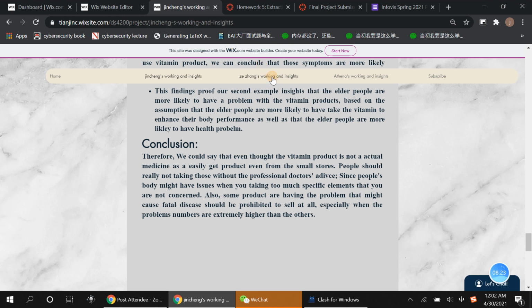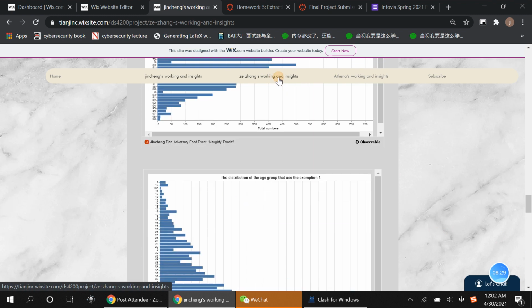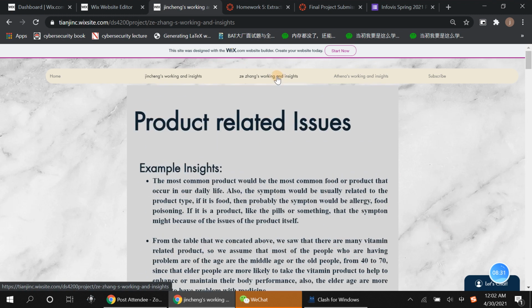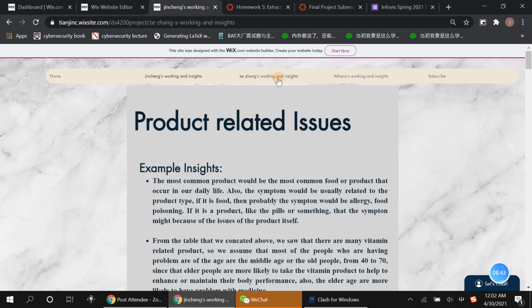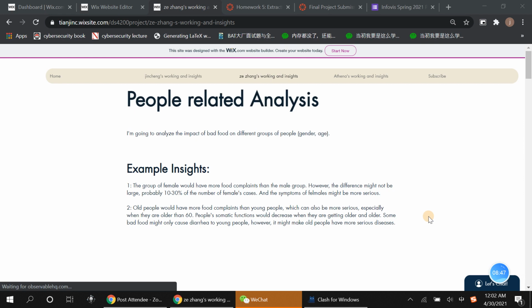Next, I'm going to move to Z-Zen's work and insights. This work is pretty much focused on people-related analysis.